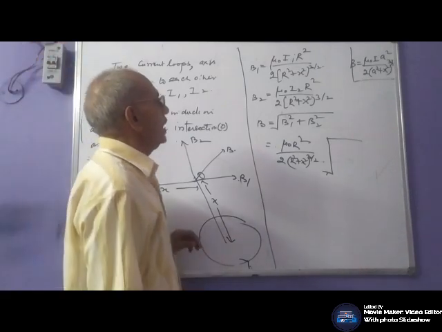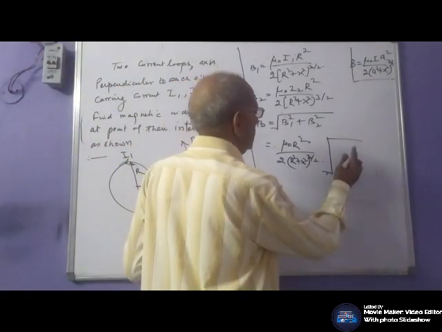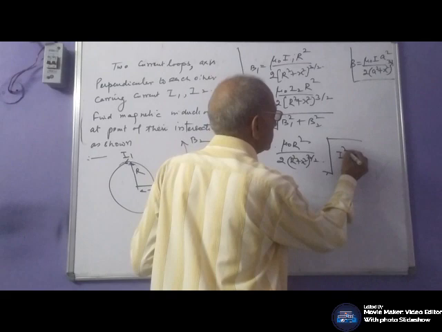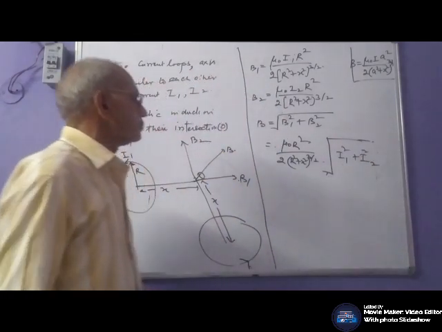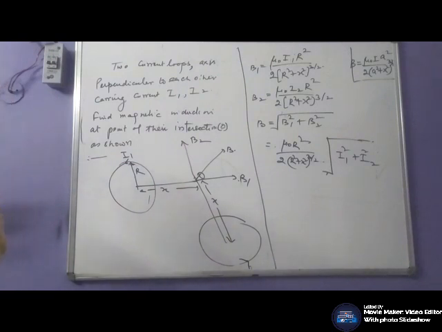What is left inside? I1 square plus I2 square. So this is the magnetic induction at this point.